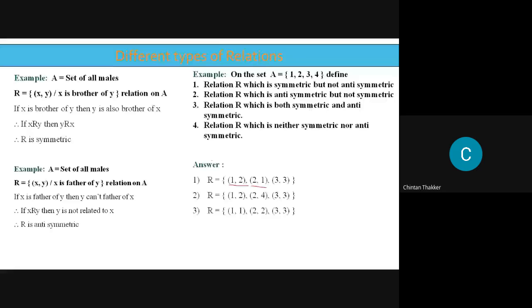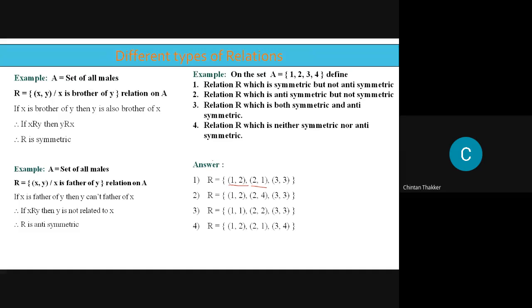And the last one: we take one ordered pair and its reverse ordered pair, and we take one ordered pair without taking its reverse ordered pair. So here we take (1,2) and (2,1). We have taken the reverse pair here, so that means this relation is not anti-symmetric.